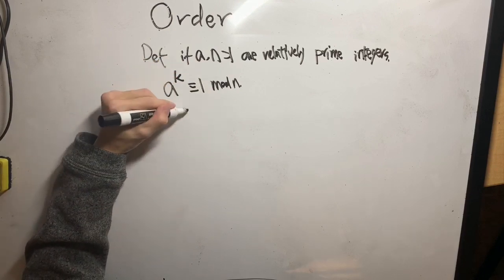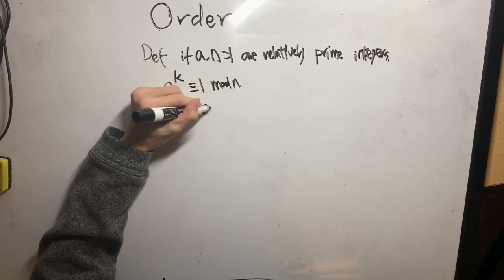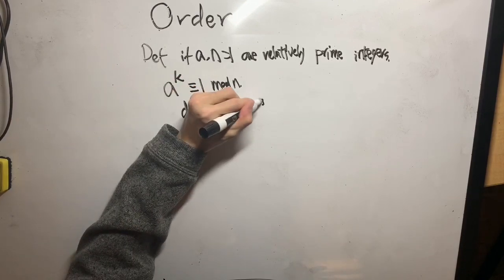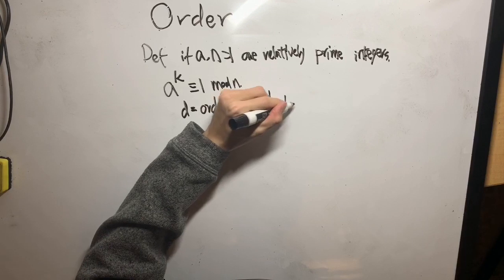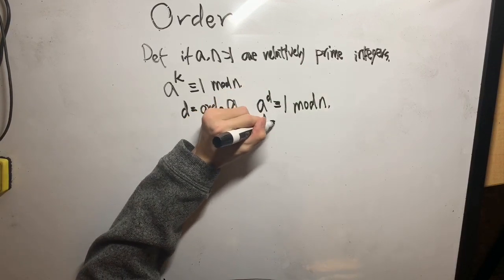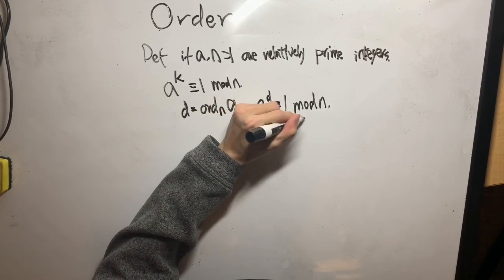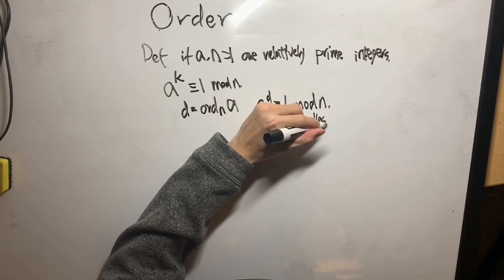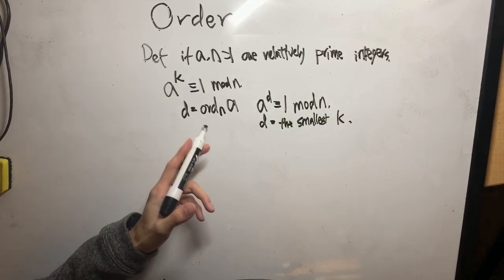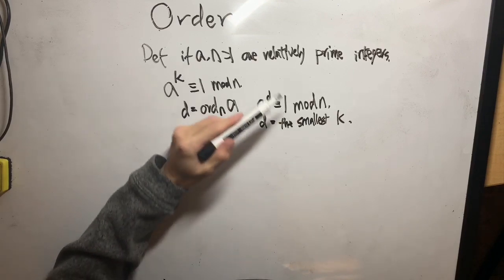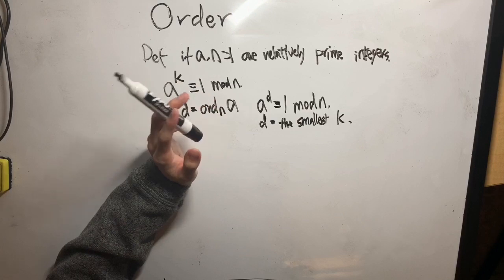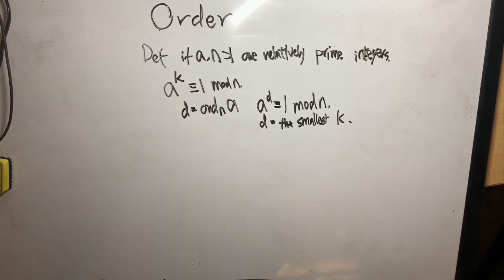We define d equal to the order of a modulo n such that a to the d is congruent to 1 mod n, and d is the smallest value of k. So the order of a modulo n, which is d, has many important properties, and let's look at these propositions.